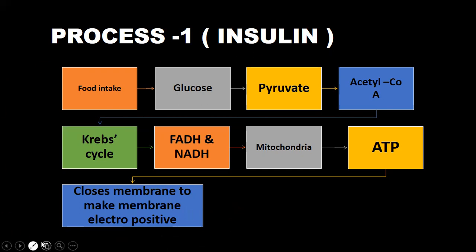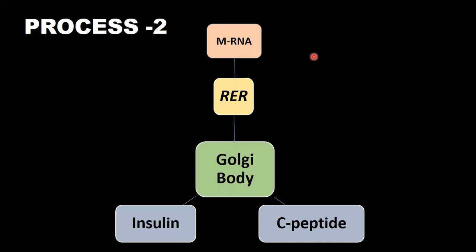Coming to a second process which takes place in our cell during this feeding state, we have the mRNA. We know that the mRNA is usually sent to the rough endoplasmic reticulum, where the ribosomes come and attach to it.